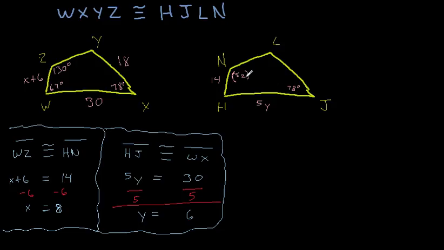So the last problem I'm asked to figure out is what does z equal? So that is angle N is equal to 5z, and angle N corresponds to angle Z, or I could look at my new image I created. Angle N corresponds to angle Z. So I know that if they correspond to each other, then these guys are going to actually be congruent. And if they're congruent, they're the same size.